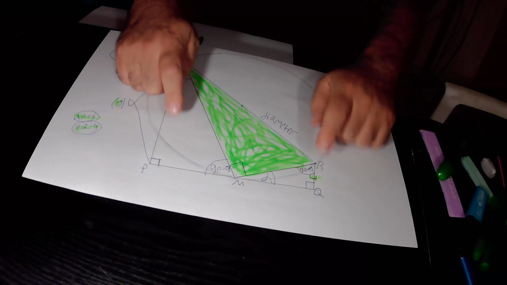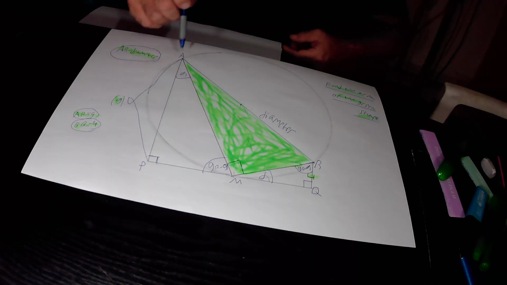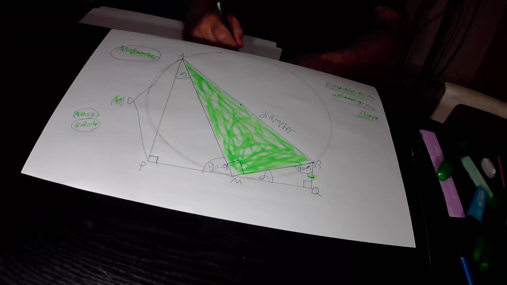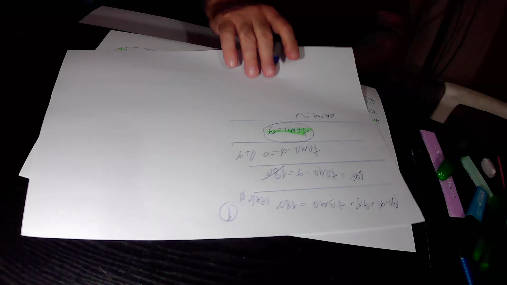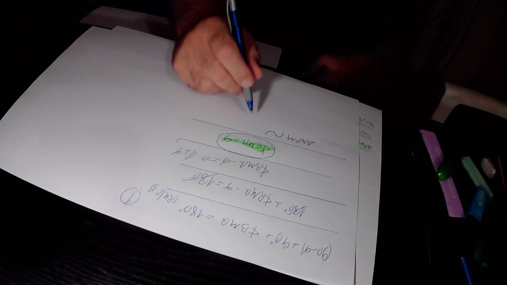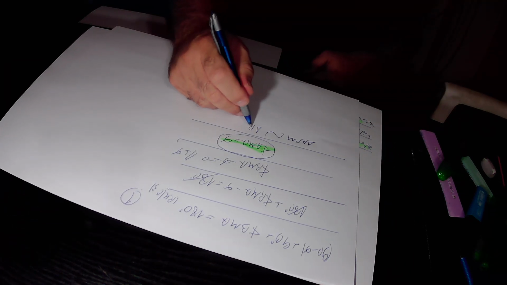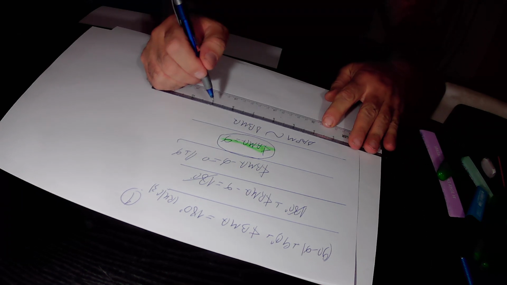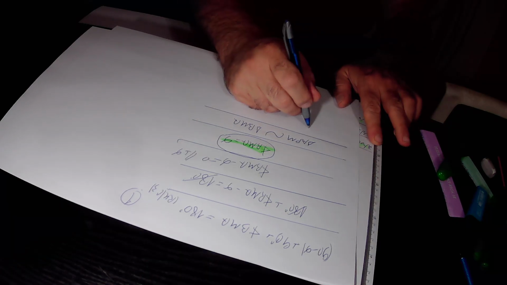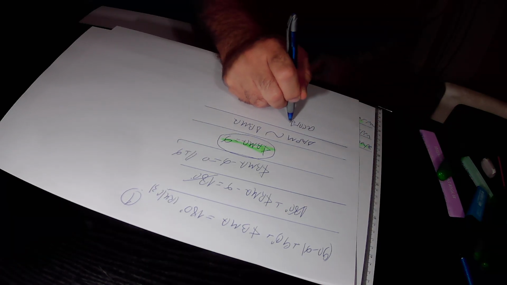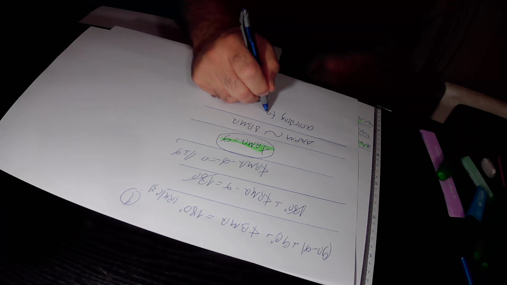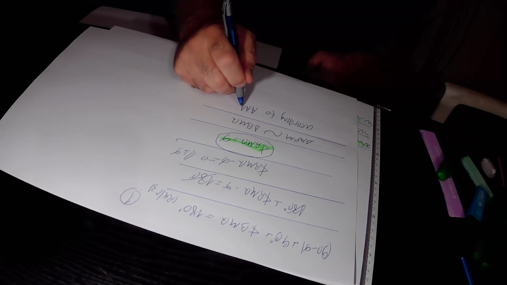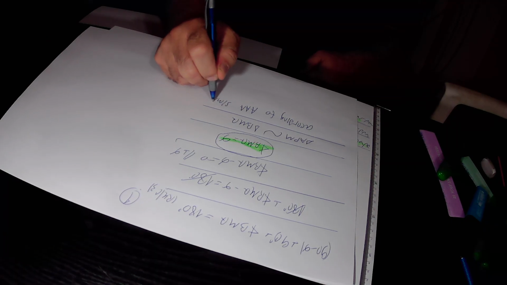So I'll write it down. We find out that the big right triangle APM is similar, this is the sign of similar, to the small right triangle BMQ, according to the angle similarity rule.